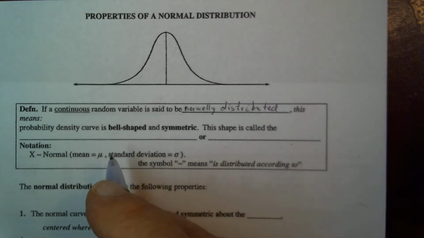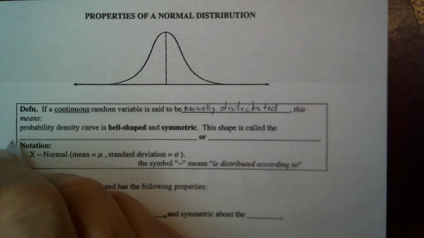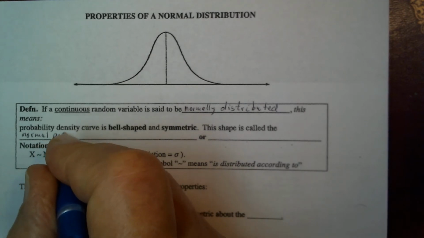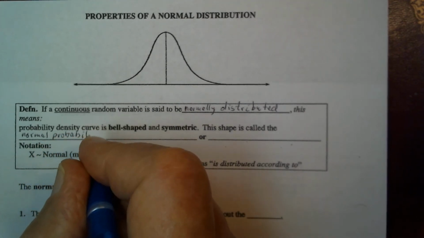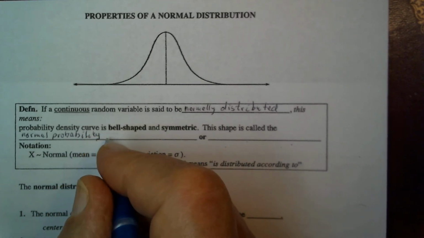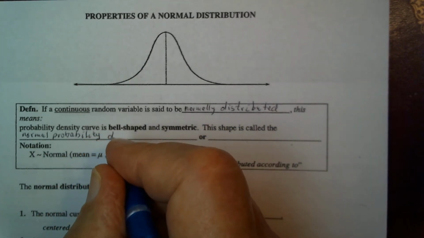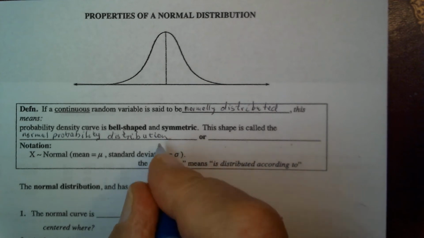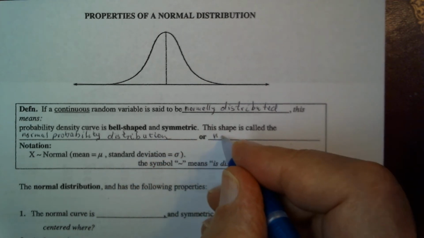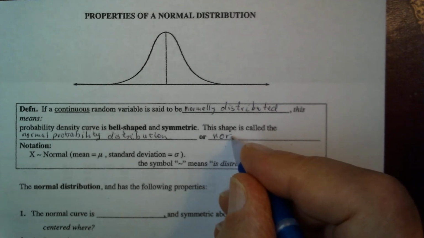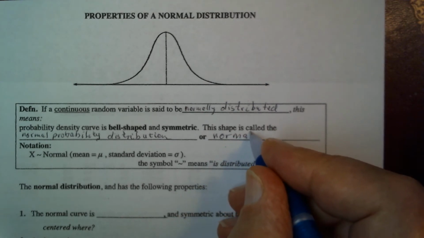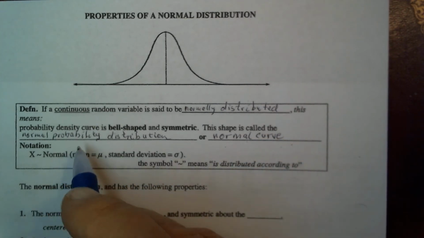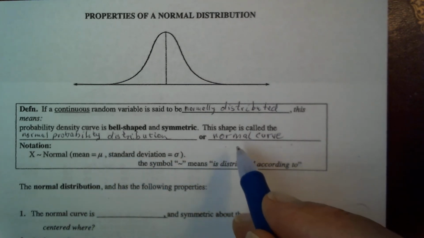This shape is called the normal probability distribution, or simply the normal curve. So these two terms are used interchangeably, the normal probability distribution or simply the normal curve.